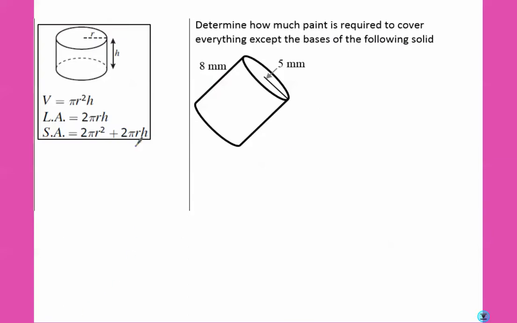So let's first look at this cylinder. How much paint is required to cover everything except the bases? When it says except the bases, that means that it's lateral area. So we know that lateral area equals 2 pi r h.